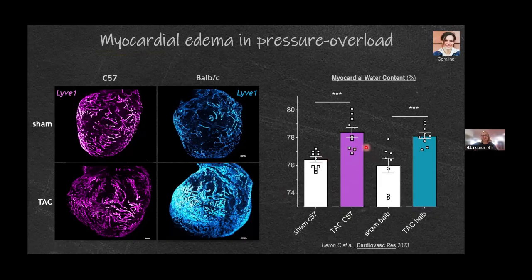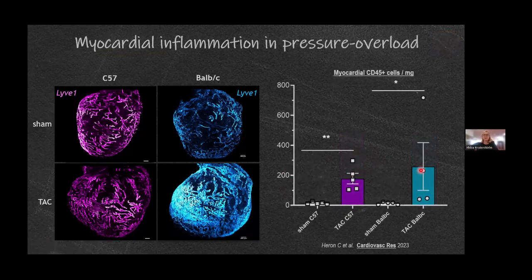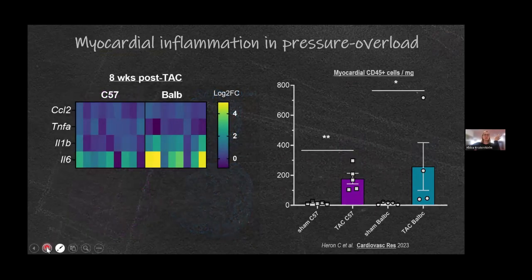We actually see similar levels of myocardial water content in both strains, indicating that this expanded lymphatic network is not serving its purpose. Similarly, when we look at immune cells, the levels are actually quite comparable between the strains. So again, indicating that lymphatics are probably not doing their job correctly. When we look at the immune signatures between these different strains, they're not exactly the same.